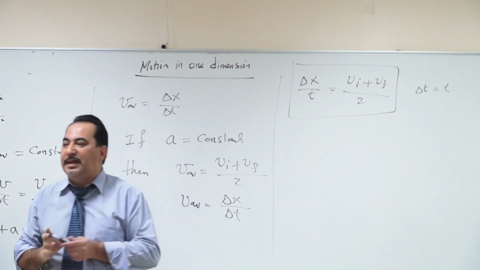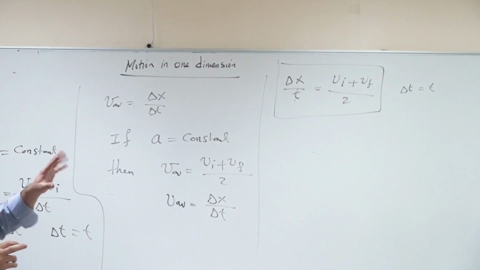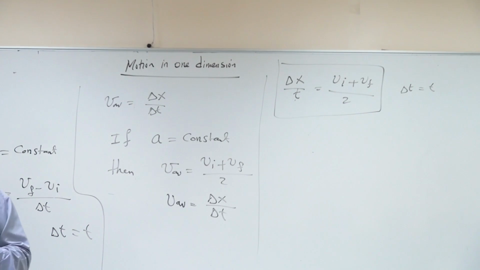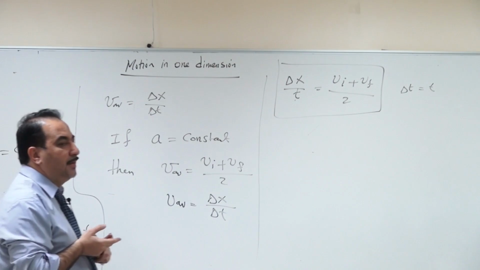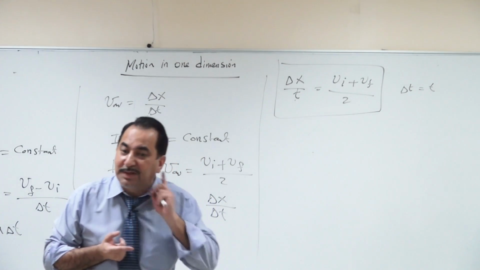Look at this equation and tell me what's so special about it. There is something not in this equation, something missing. Look, it has initial velocity. It has final velocity. It has time. It has displacement. What is missing?